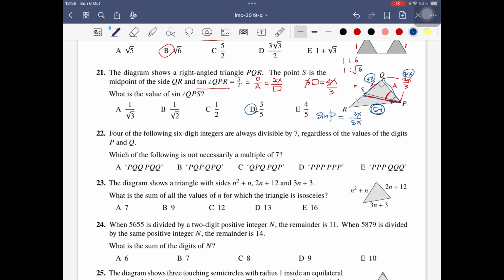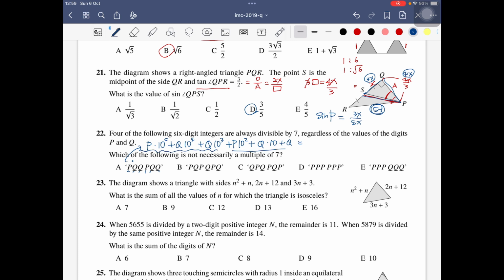So I will express them with all these place values. P times 10 to the power of 5, 4, 3, and so on, with Q in the last places.